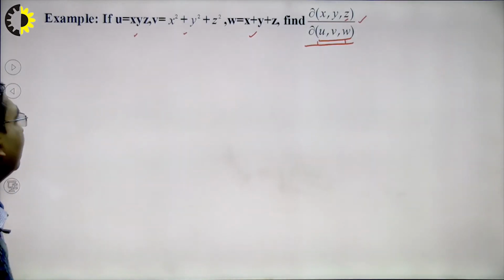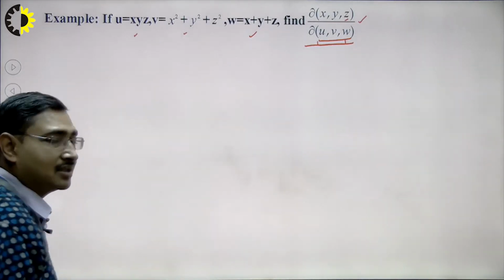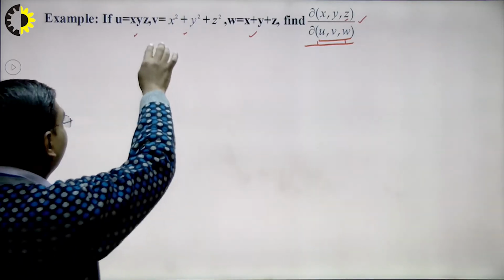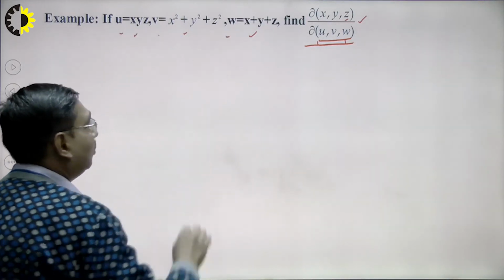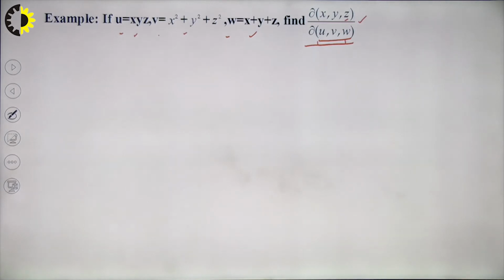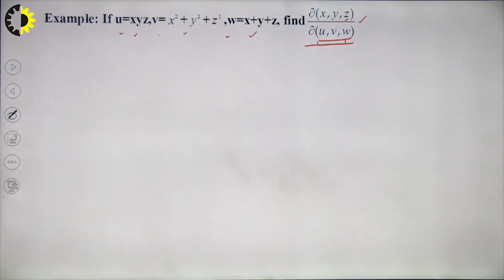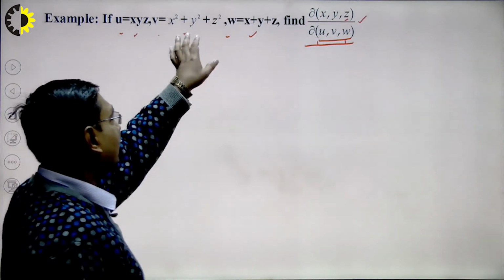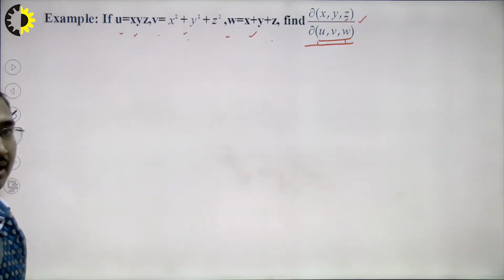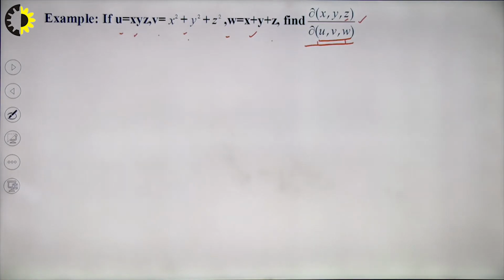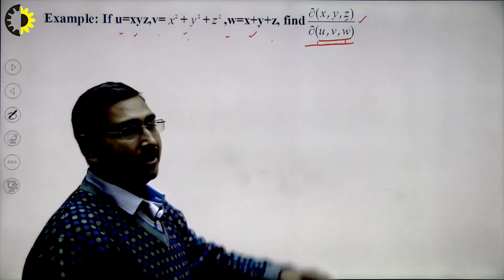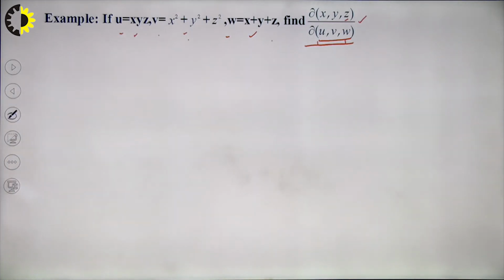Here we observe that it is not the case, because we have u, v and w in terms of x, y and z, but x is not easy to express in terms of u, v and w, and similarly y and z also. Therefore, it is not possible for us to find this Jacobian directly by the method discussed in the beginning.